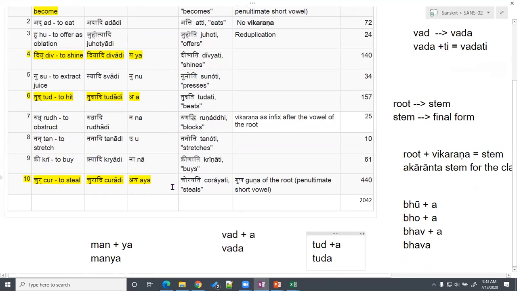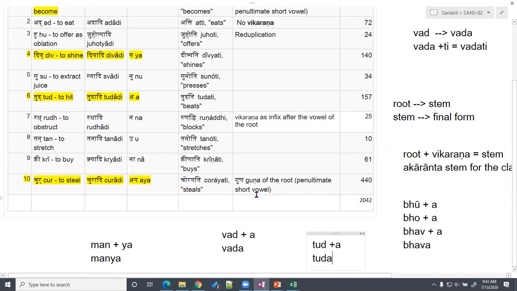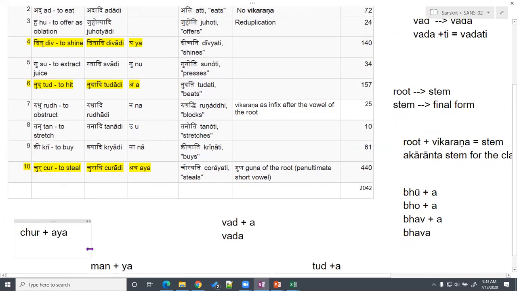So this is also fairly simple. And if you look at the 10th class, here it's aya. So chur, aya. Here the guna takes place of the penultimate short vowel. In the first class, it is the last vowel, whether short or long, or penultimate short vowel. Here it's the penultimate short vowel, not the last vowel. So in case of chur plus aya, the ukara becomes guna, because it's a penultimate short vowel.